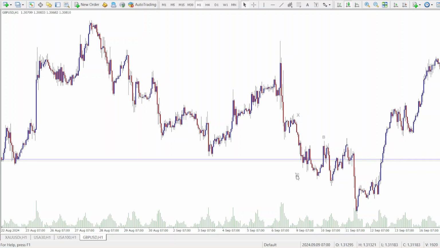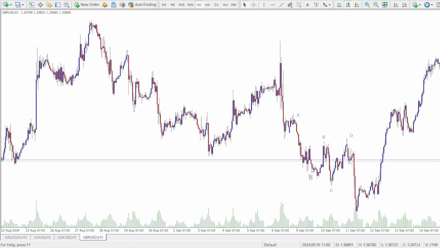And then the A point is around here because this is the reversal point, the next reversal point. So then this should be our C point, right? And then finally our D point.